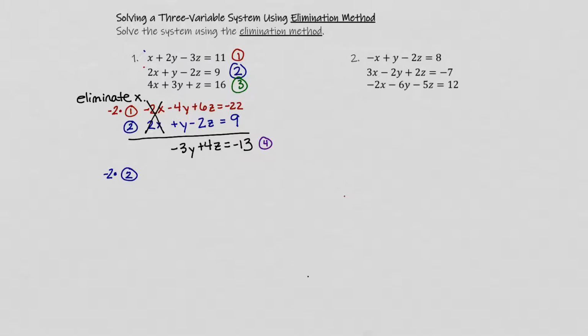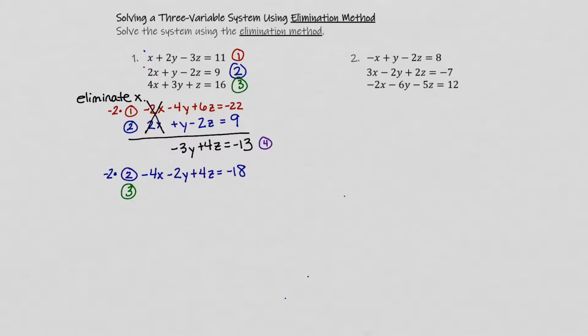So I want equation 2 times negative 2, and then I just write equation 3 out. All of equation 2, every single term, needs to be multiplied by negative 2. So I get negative 4x minus 2y plus 4z equals negative 18.